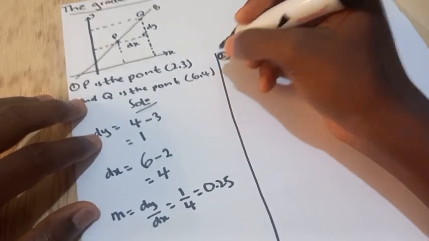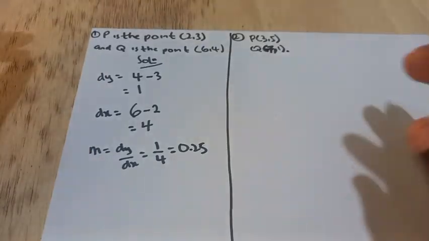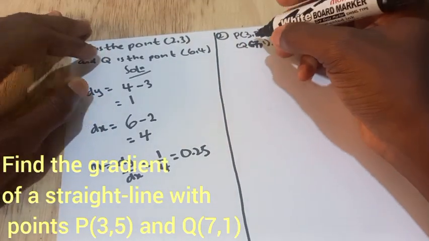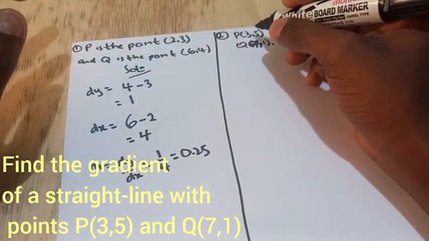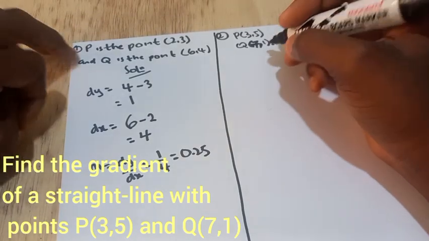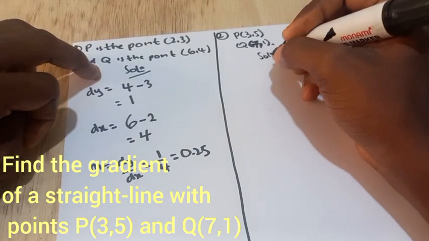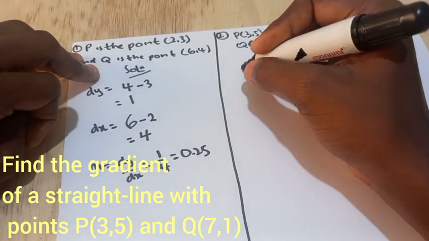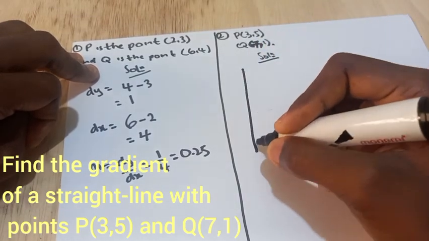So this is the question 2. P is 3, 5. Q is 7, 1. So in solving this solution, we draw coordinates.